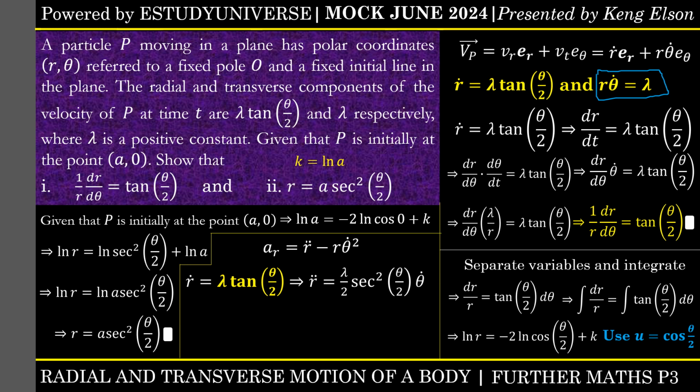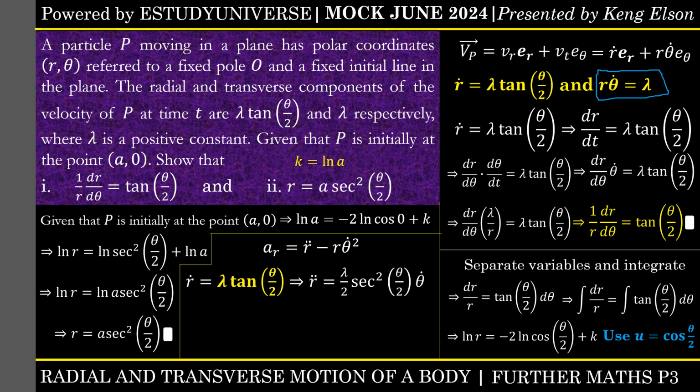We have that r dot is equal to lambda tan(theta/2), which means that to get r double dot, I need to differentiate r dot with respect to time.